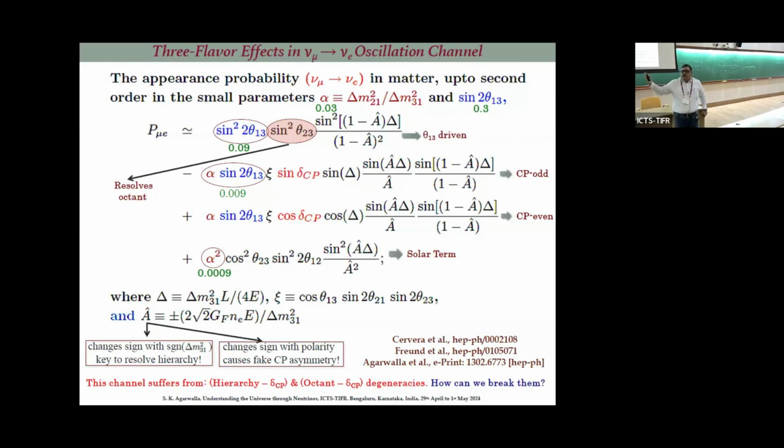Delta CP goes to minus delta CP. U goes to U star. And that causes a difference between the rate with which neutrinos and antineutrinos oscillate. And that is the CP odd asymmetry, the difference of these two. Life was very easy. You measure the neutrino probability, measure the antineutrino probability, take the difference, life is easy.